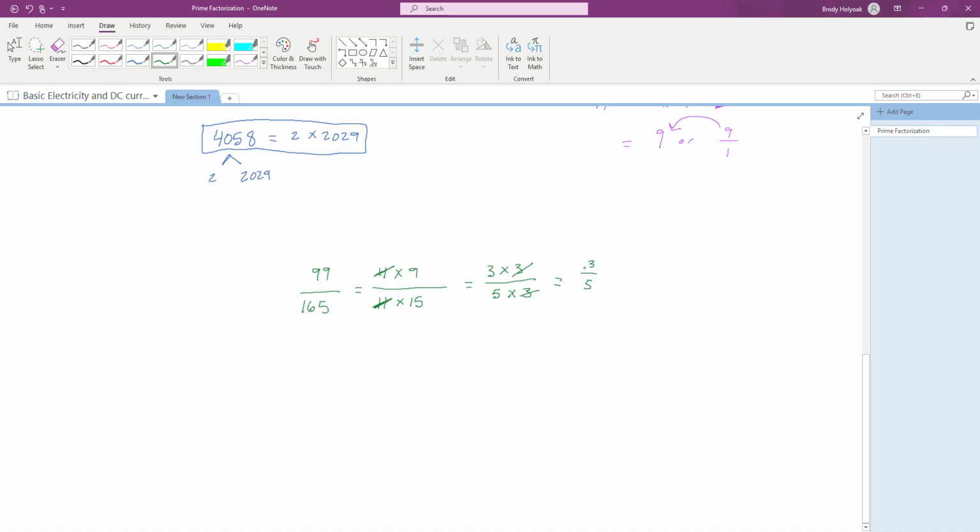So we don't necessarily have to take it down to prime factors. We just have to find common values that are both in the numerator and the denominator, and then when they're multiplied by each other in that fraction, they can cancel out. So that's one of the ideas behind prime factorization, it helps me reduce these values and make it easier to see where these are going to end up.